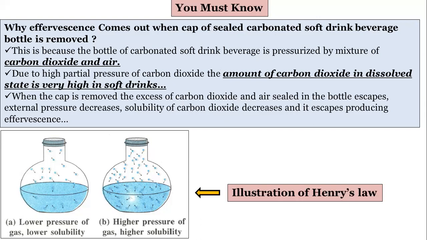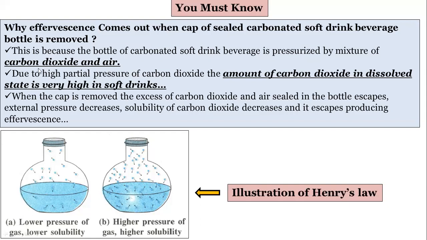This happens because carbon dioxide is more dissolved with pressure in the carbonated drinks. So it is explained in detail. This is happening because the bottle of carbonated soft drink beverage is pressurized by a mixture of carbon dioxide and air.